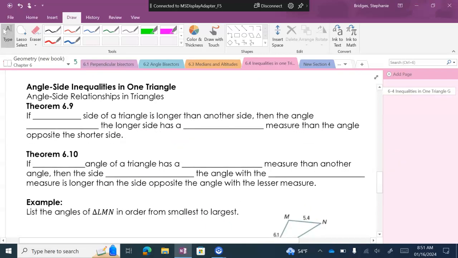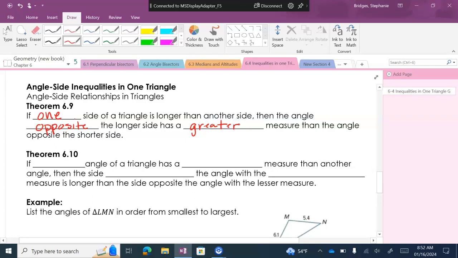On the back, this is our angle side relationship theorems, okay? In this one, if one side of a triangle is longer than another side, then the angle opposite the longer side has a greater measure than the angle opposite the shorter side.